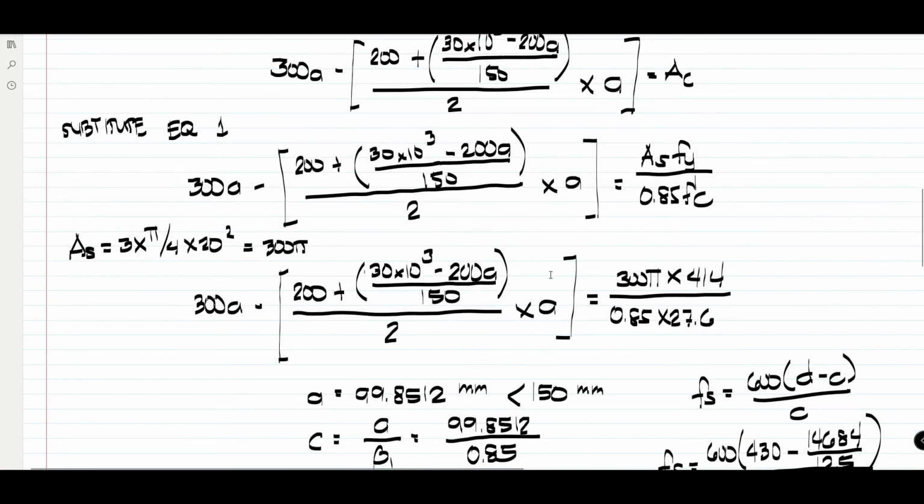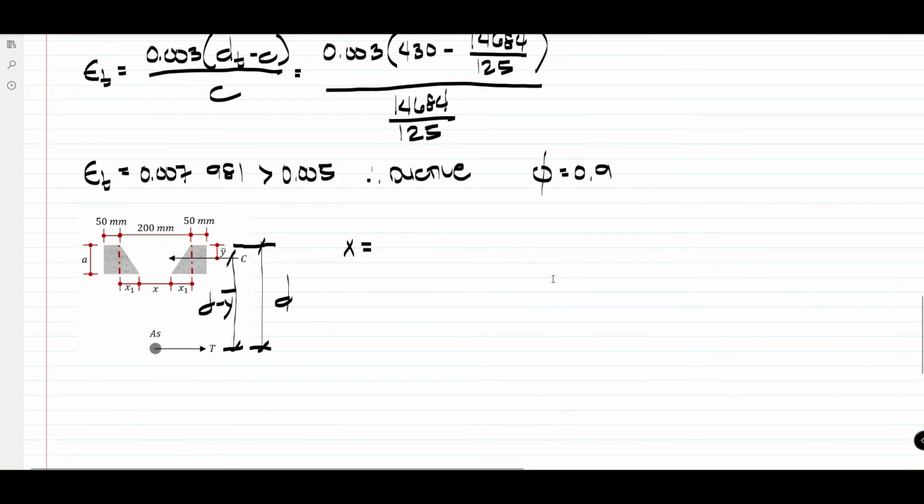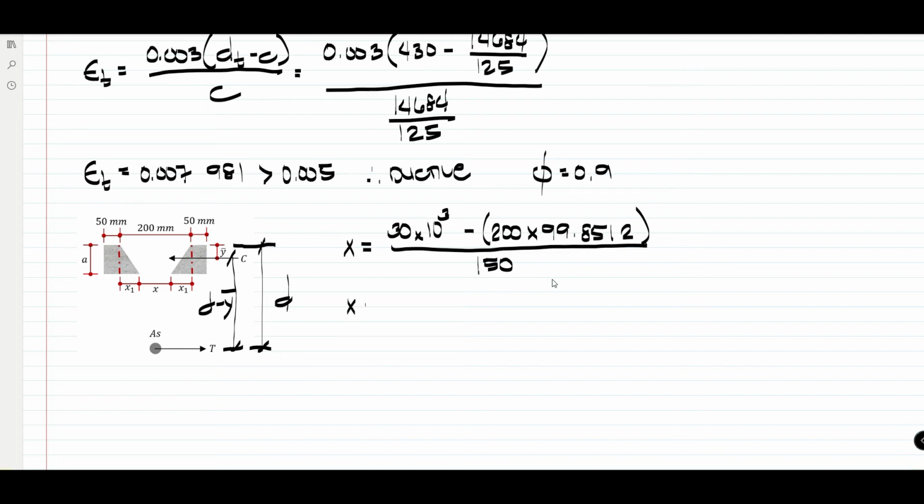So, isa-substitute lang natin yung value na nakuha natin for our a. So, that is just 30 times 10 cube minus 200 times 99.8512 divided by 150. So that will be a value of x equivalent to 66.8651.